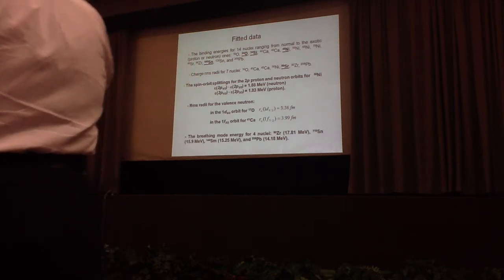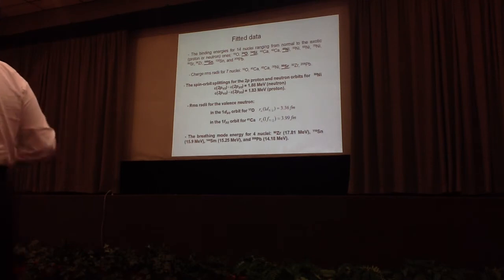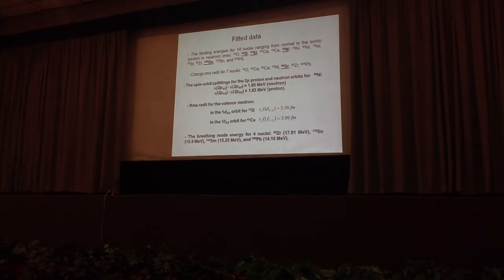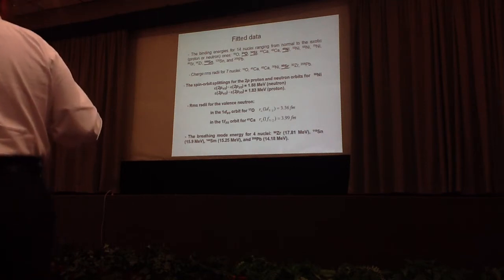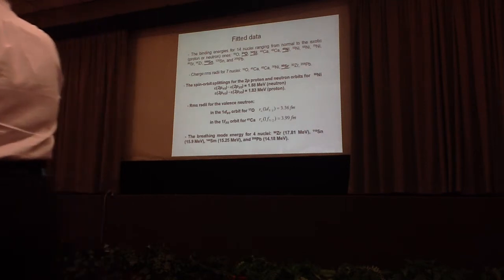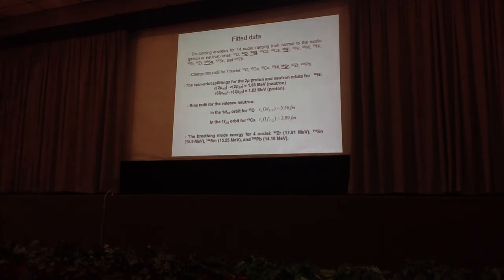Now comes the single particle spin-orbit. Hartree-Fock is not supposed to fit the experimental data of single particle states because it doesn't contain the frequency-dependent effective mass. So, therefore, we look at data in copper-57, nickel-57. If you look at the splitting, it is about 1 MeV.